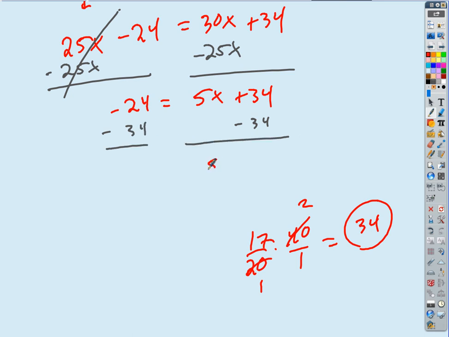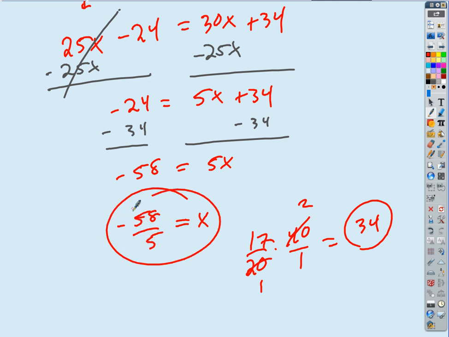So I get 5x equals negative 58. The last step, divide by 5. So I get a fractional answer, but big deal. I didn't have to deal with any fractions the whole way through it after I cleared the fractions. A lot easier, huh? Okay?